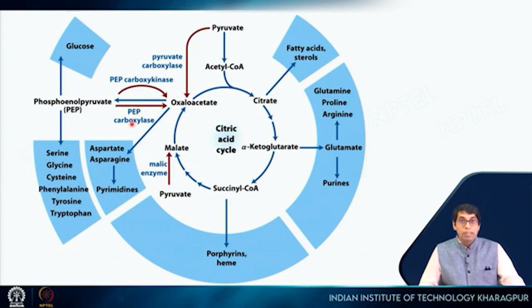We have already seen this phosphoenol pyruvate formation, from which glucose is synthesized on one side, and on the other side the remaining amino acids are synthesized, right. So, all these very important molecules are synthesized from these different molecules that are generated in the citric acid cycle.